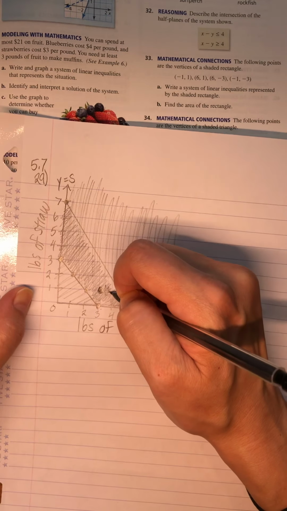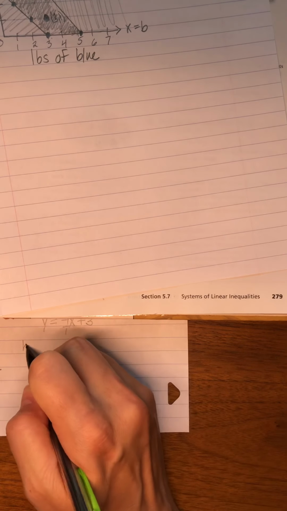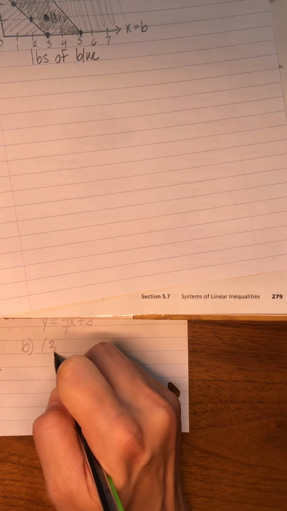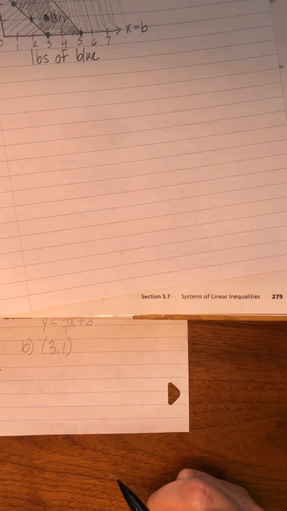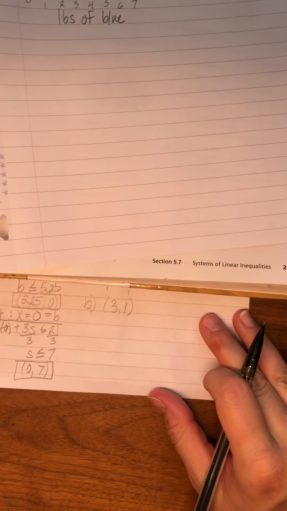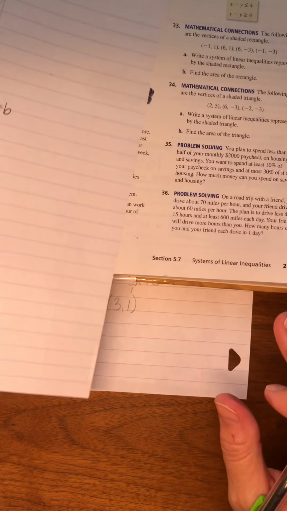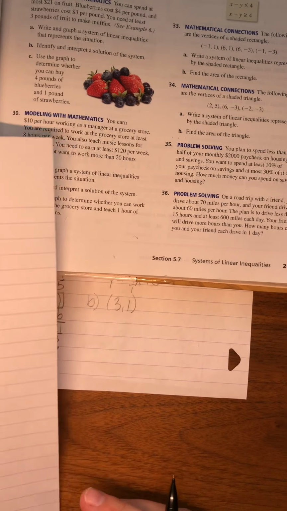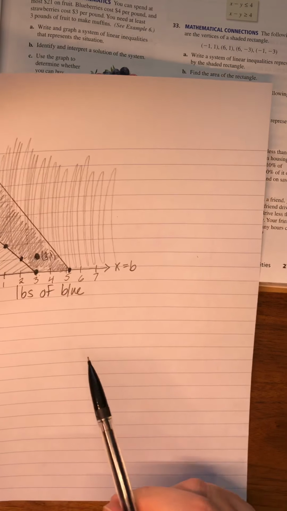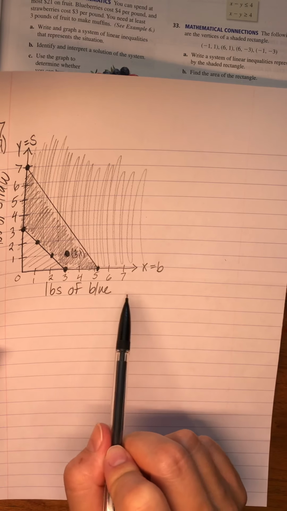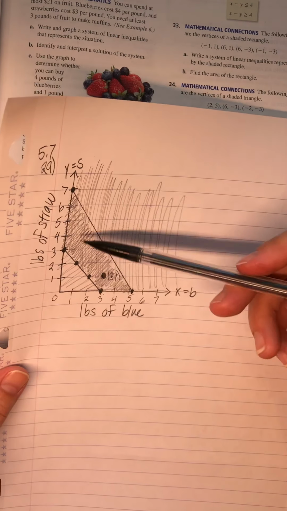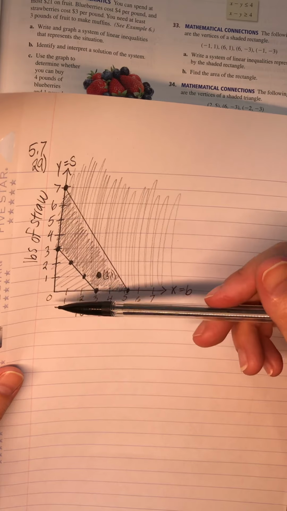So this is the point 3, 1. So let's write this down. Part B, 3, 1 is a solution. Okay, let's talk about what this stands for. So 3, 1, think about your graph. Remember that 3 represents the pounds of blueberries and 1 represents the pounds of strawberries.